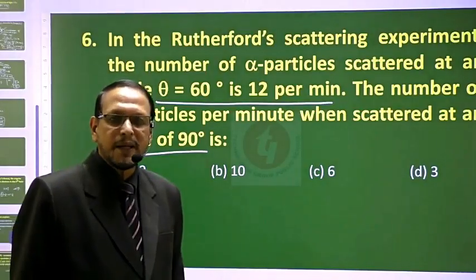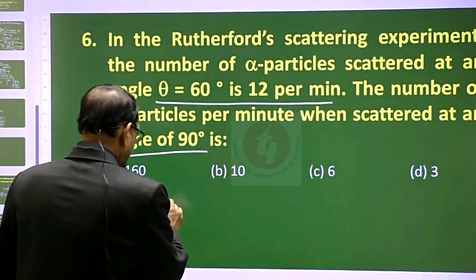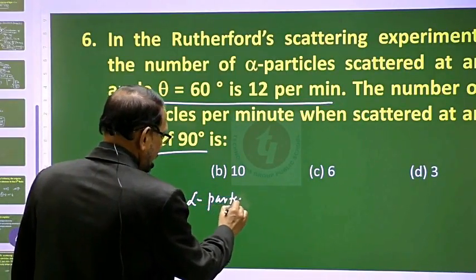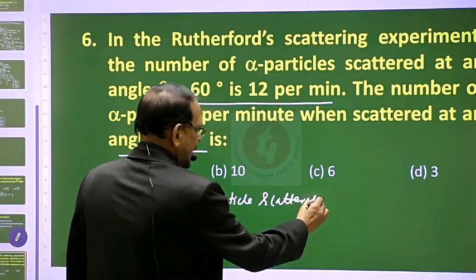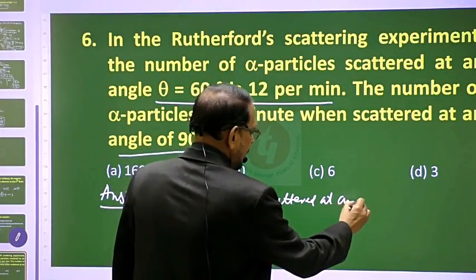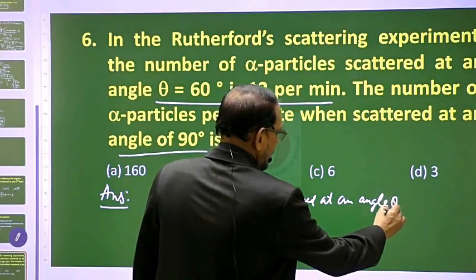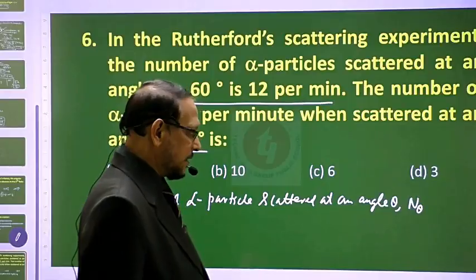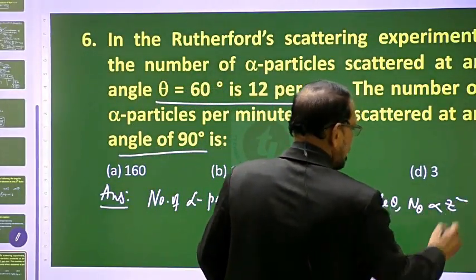The number of alpha particles scattered at an angle theta: there are two formulas. One formula is that it is proportional to Z square.